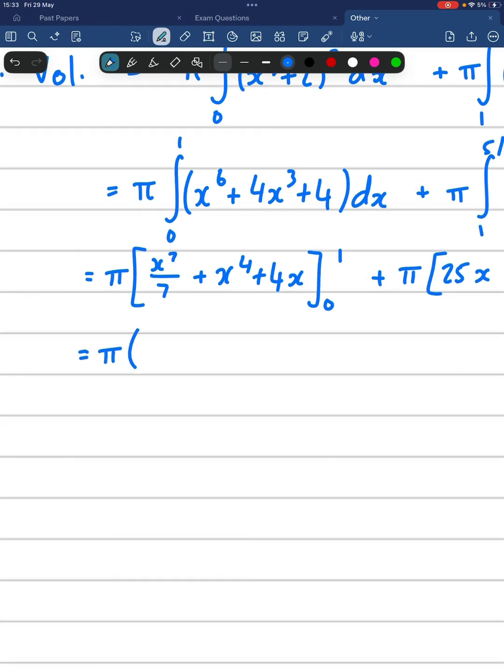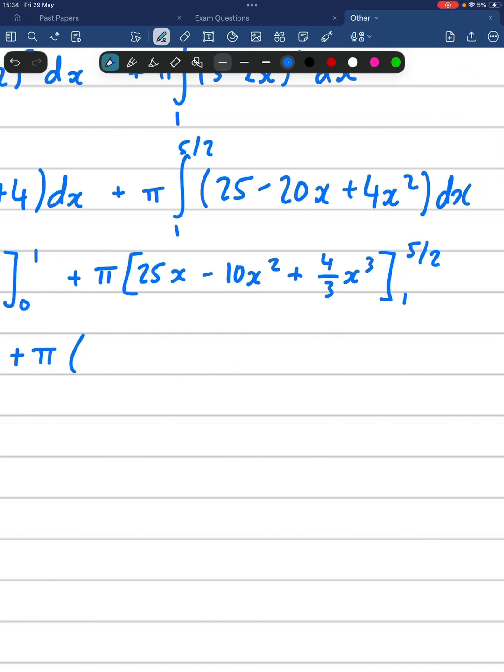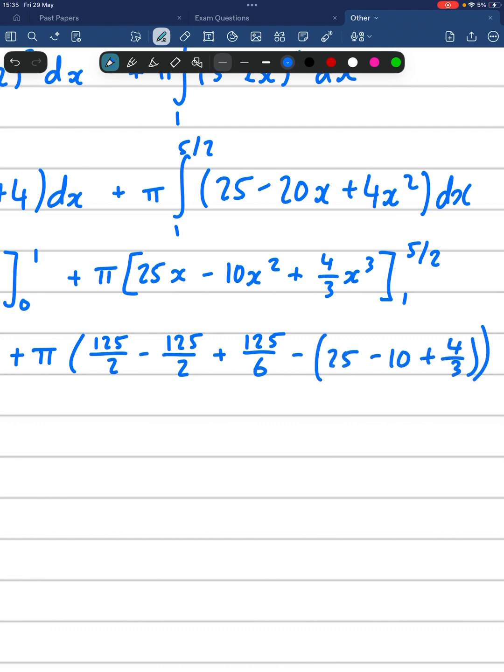Computing these, we get pi lots of a seventh plus 1 plus 4 minus 0, added to pi lots of 125 over 2 minus, not really 125 over 2, added to 125 over 6, subtract 25 minus 10 plus 4 over 3.